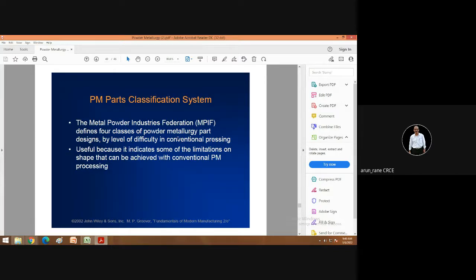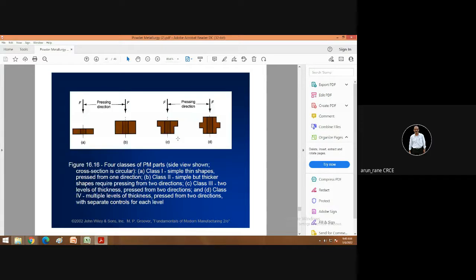But there are question marks on the accuracy of thread manufacturing, that is the accuracy of the threads which you can produce by processes like machining on a lathe or by thread rolling. You cannot obtain that accuracy in powder metallurgy. These are the four classes which I have already discussed: class 1, class 2, class 3, and class 4, depending upon the thickness.